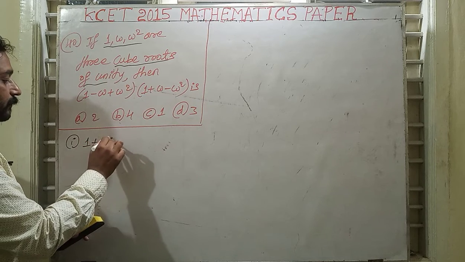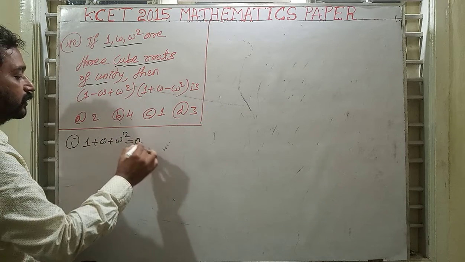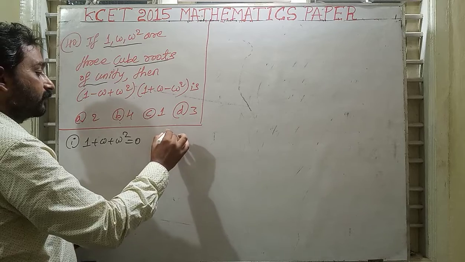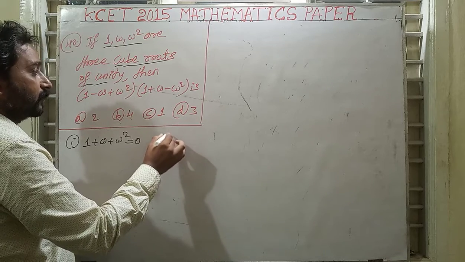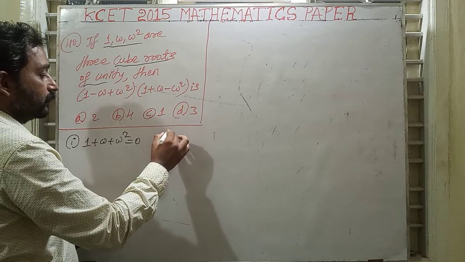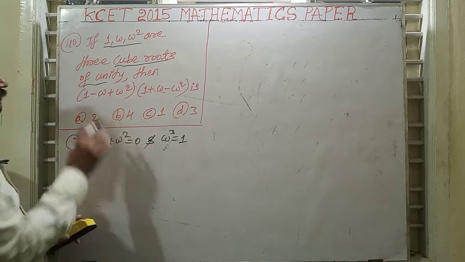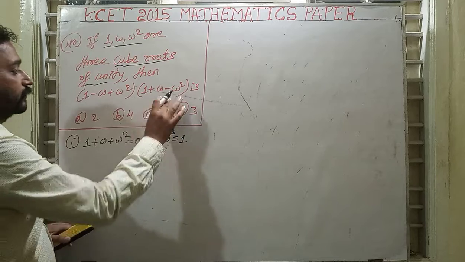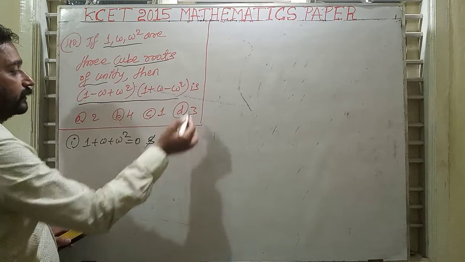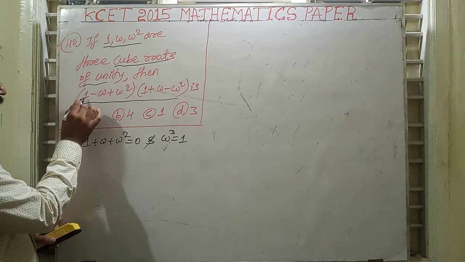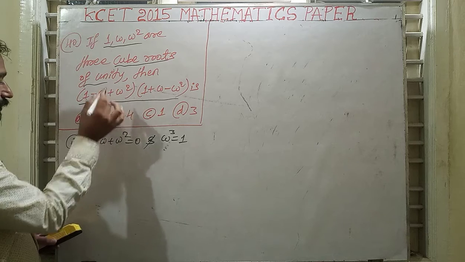1 plus omega plus omega square is equal to 0 and omega to the power of 3n is equal to 1. In this case we need omega to the power of 3. Multiples of 3 as the power always give 1. So see this product. We have to find out this product. In this case 1 plus omega square is needed.